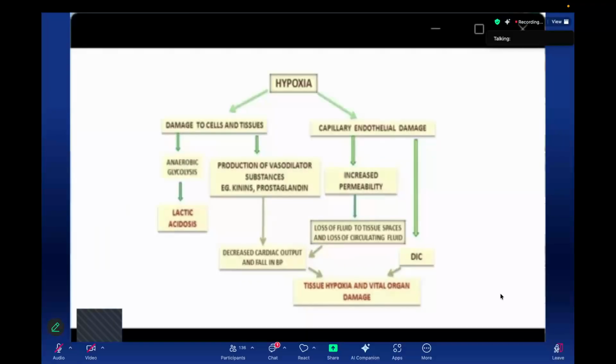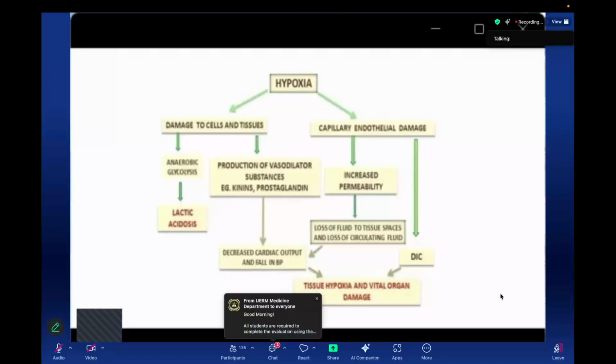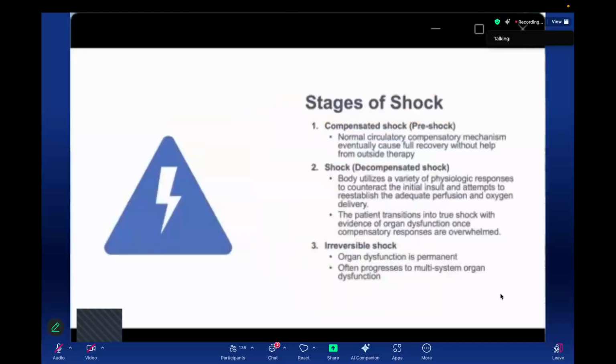Hypoxia can also lead to capillary endothelial damage. Once you have capillary endothelial damage, you have increased cell permeability, losing fluid to tissue spaces. This is what you call third spacing, and eventually it would decrease your cardiac output and lower your blood pressure, leading to tissue hypoxia and vital organ damage.